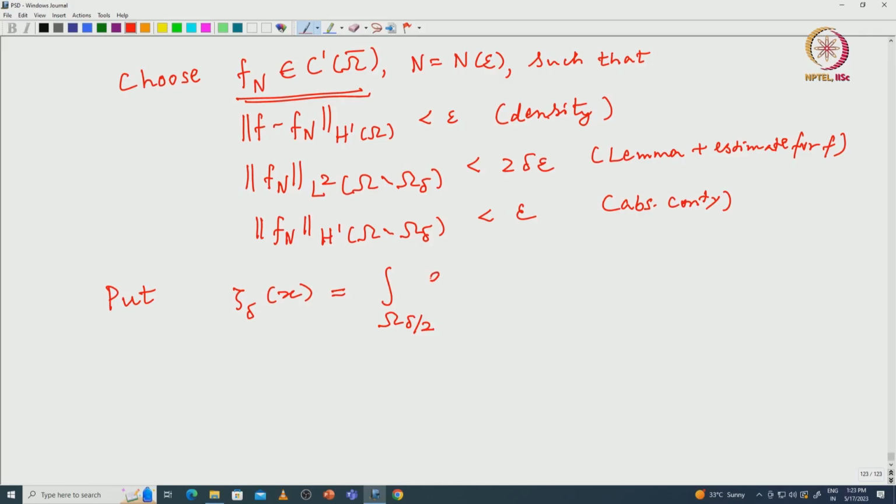So, this rho, okay, we are using that modifier sequence delta by 3, this x minus y dy. So, these are modifiers. Okay. So, this is nothing but the characteristic function of this region omega delta by 2 star rho delta by 3.